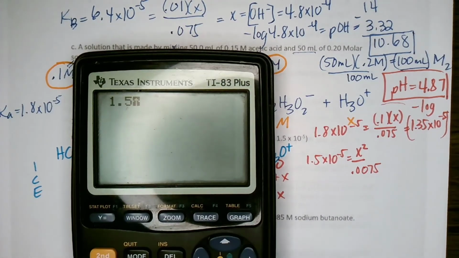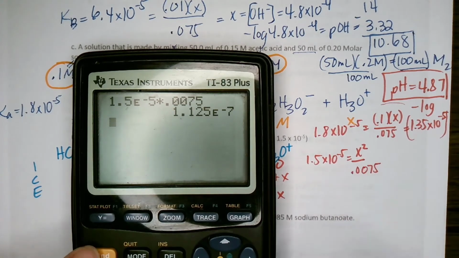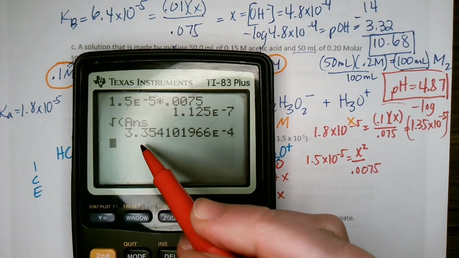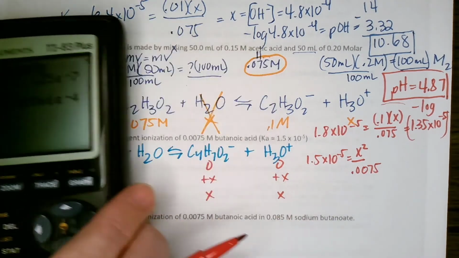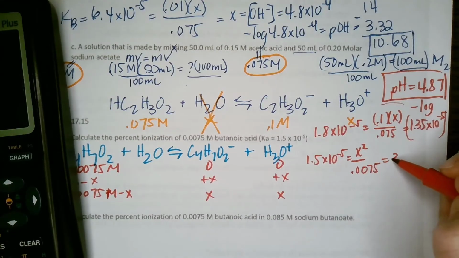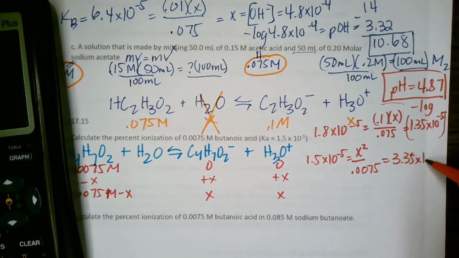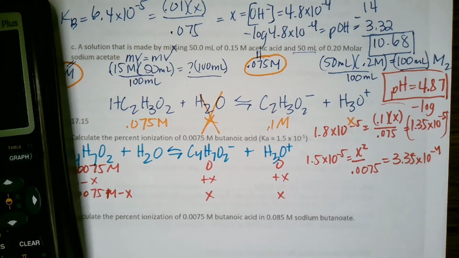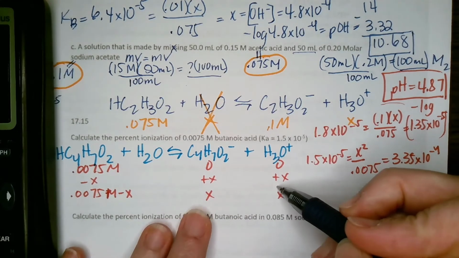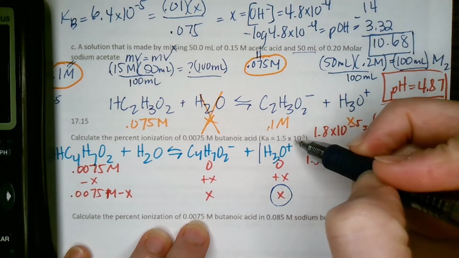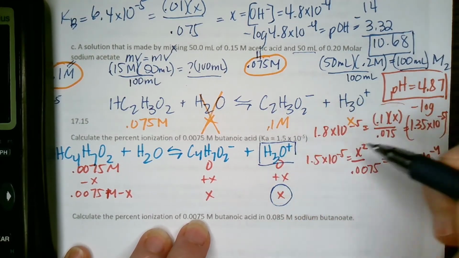Let's see what we get. So 1.5 times 10 to the negative 5 times 0.0075, and then to find X, I need to square root my answer to get 3.35 times 10 to the negative 4. Now, that is my value of X.